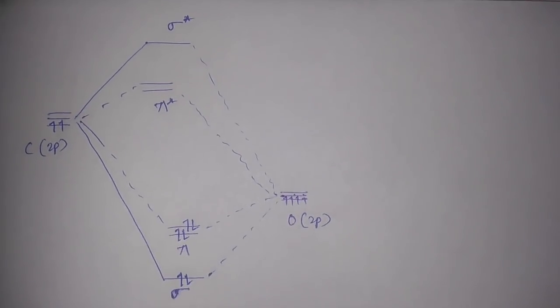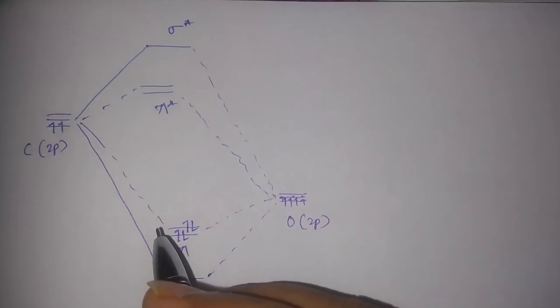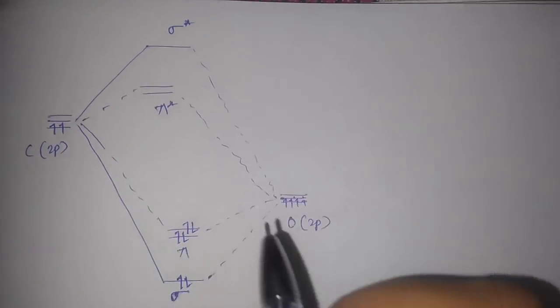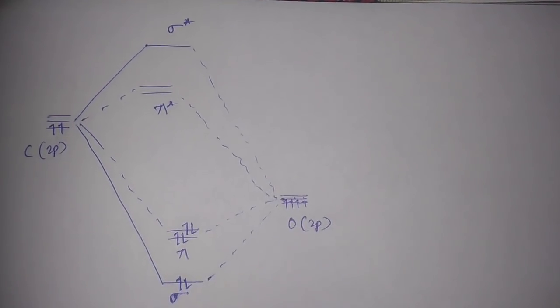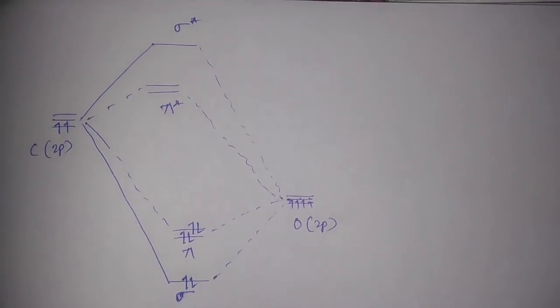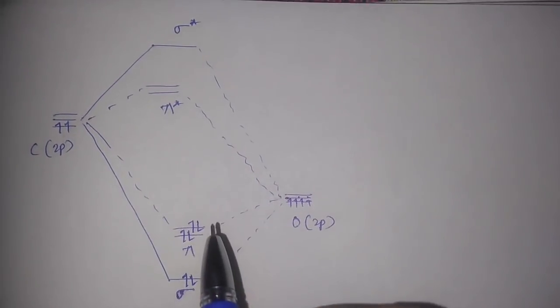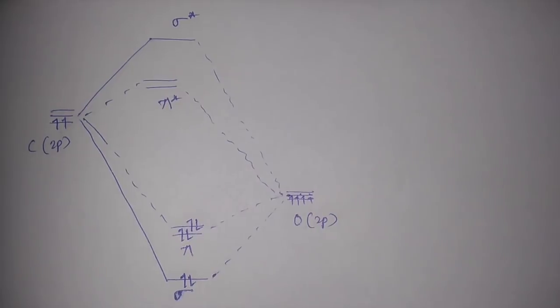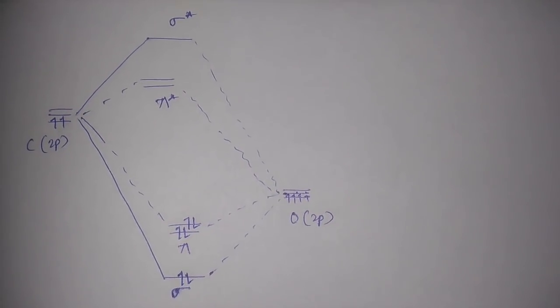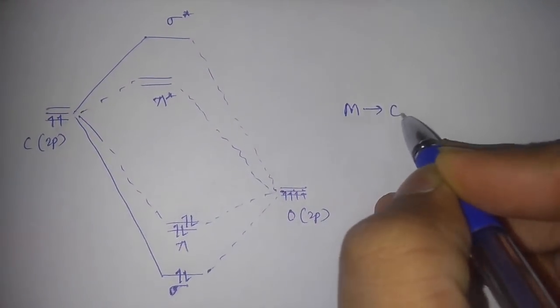Now if you try to introduce more electrons, the only possible place for them to stay is this pi anti bonding orbital. So that means if more electrons are added to this carbonyl ligand or carbon monoxide molecule, they will go to the anti bonding orbital. Now see what will happen when the back donation happens from metal to carbonyl.